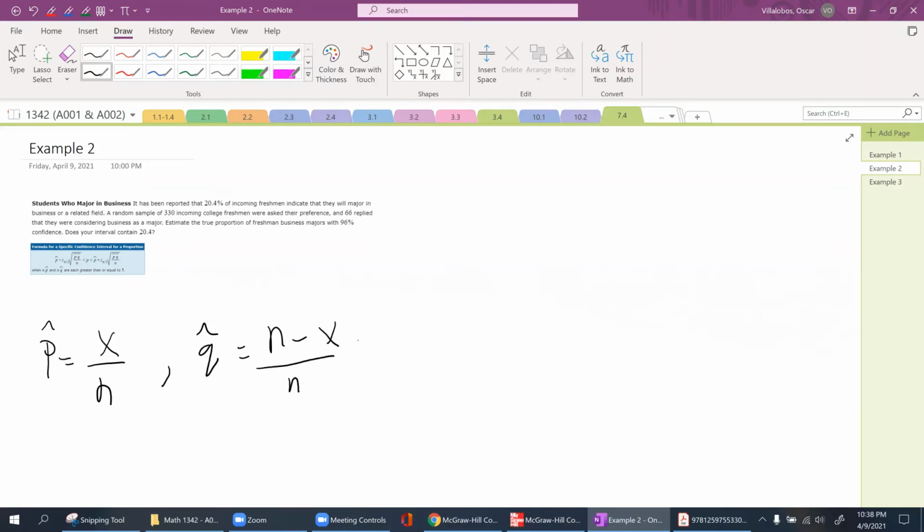You may also see it as 1 minus x over n. You know what x over n is, that's just p hat, so this is the same thing as 1 minus p hat. It all depends on what we are given.